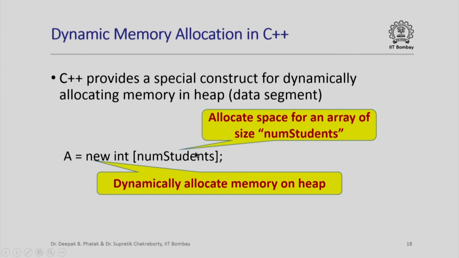Here, by using these square brackets and by putting num_students in between, I am basically saying allocate space for an array. These square brackets denote an array, and what is the size of the array? That is the value of num_students, and each element in that array is going to be an integer. So this is the construct that I am going to use, basically dynamically allocate an array of size num_students where each element in the array is an integer.